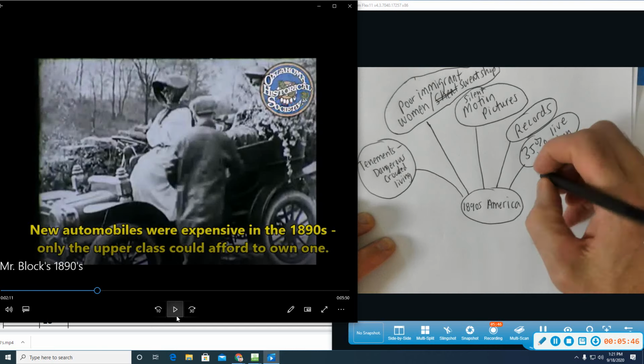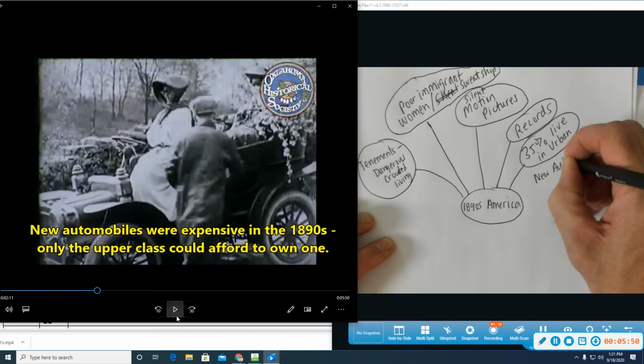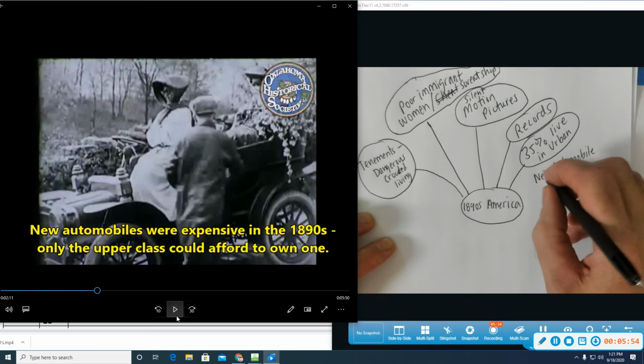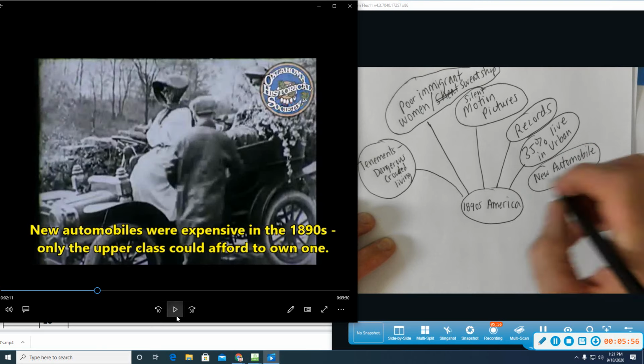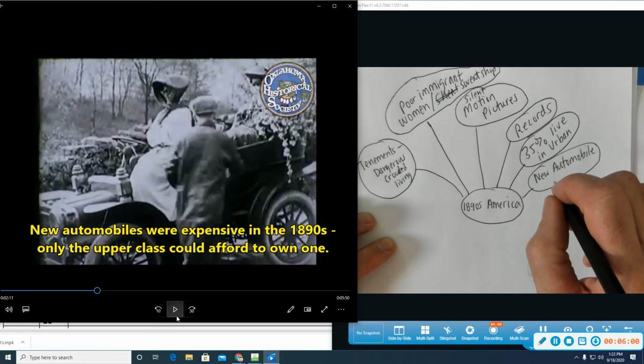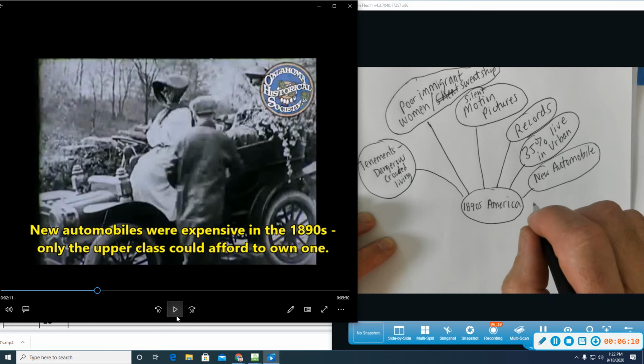Automobiles are new, but who can afford them? Only the rich people could afford them. Let's see some pre-knowledge. Who knows who brings down the price of automobiles and how he does it for the average person? Who is it? Henry Ford. He didn't invent the car.